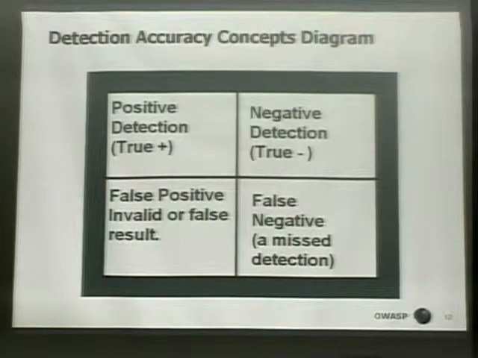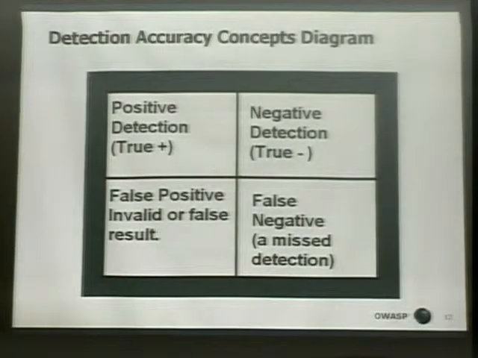That's where you want to be, in the section where the scanner's detecting it and it was actually there. When you go down the box into the false positive range, that's where you said it was there, but it actually wasn't. And the false negative is what you should be most concerned about, where you've not detected it, but it really is there.